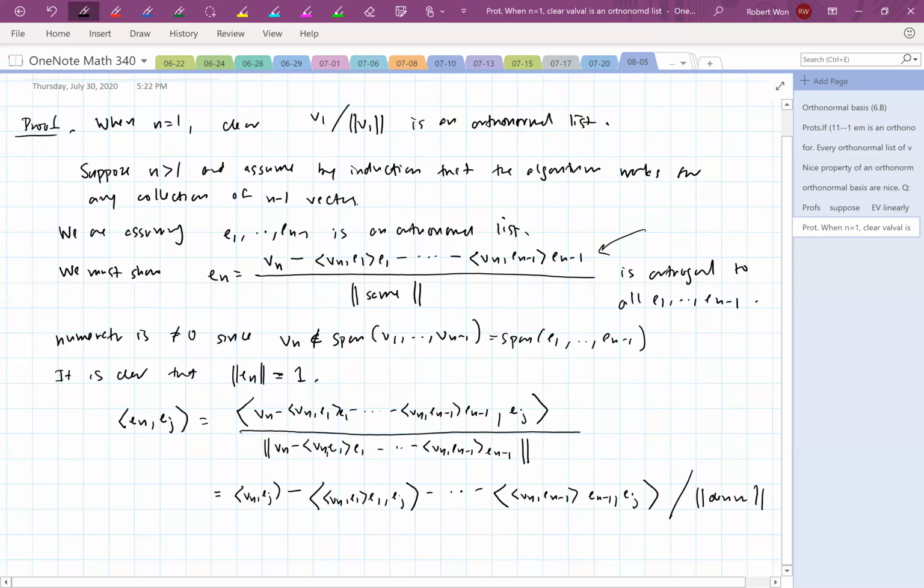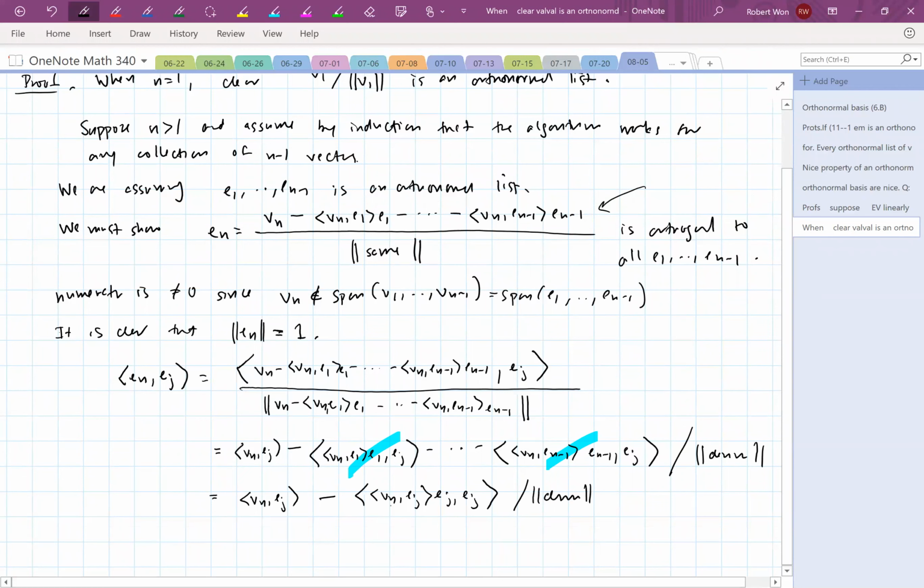Right, so there all I've done is I've just broken up the inner product. Okay, but now remember that most of these inner products in this subtraction are 0 because I get to assume that the first n minus 1 of them are orthonormal. So most of these are 0. There's only one term that survives, and the only term that survives is going to be the ej term, divided by the denominator.